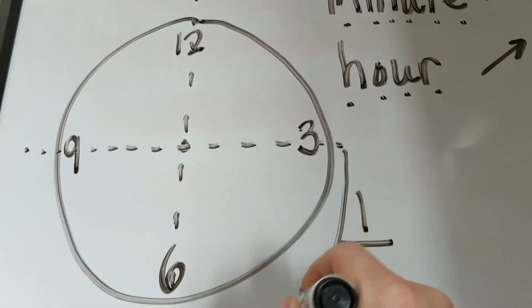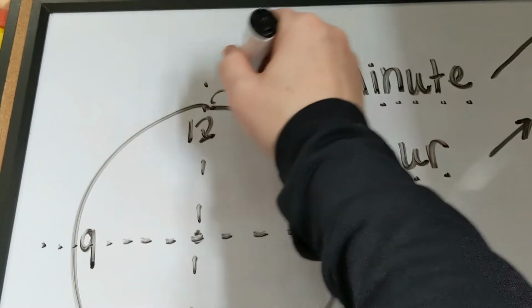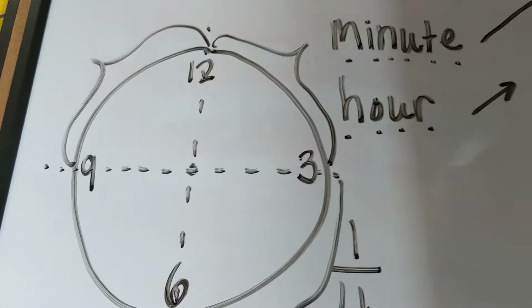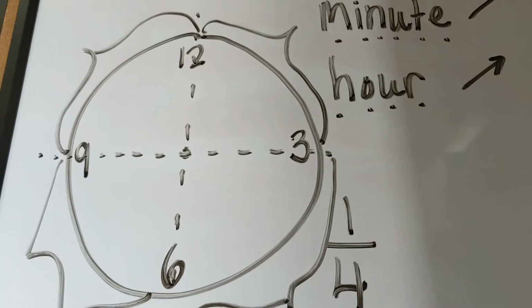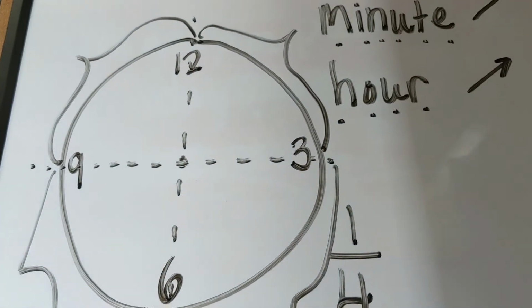So this is 1/4 of the hour. This is 1/4 of the hour. And this is 1/4 of the hour. And this is my last fourth. So when you make your clock, you want to make sure that these are spaced out evenly so that you have a great clock.